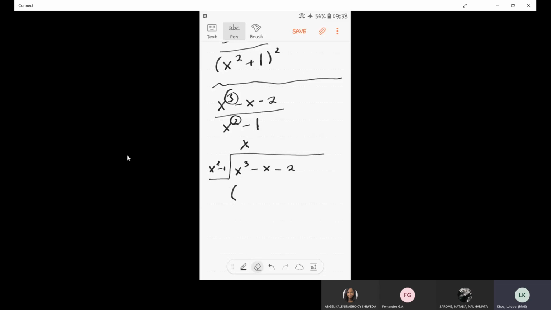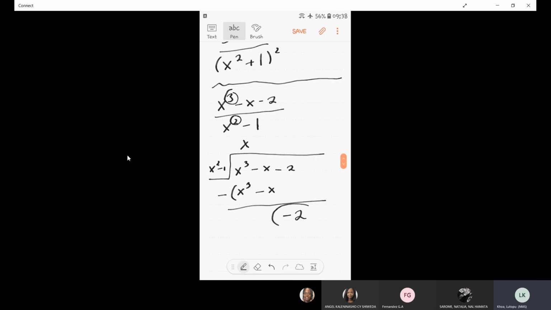So x squared times x, I get x cubed, and then minus x times x, this is minus x, and then I subtract. x cubed minus x cubed is 0, negative x minus negative x is 0, and then minus 2 minus 0 is just minus 2.